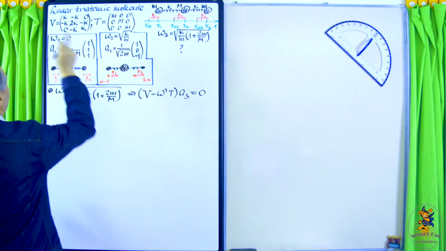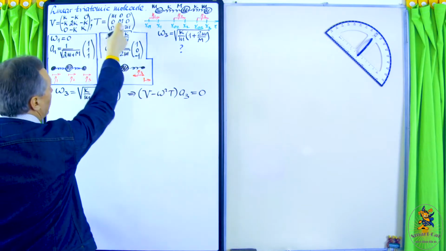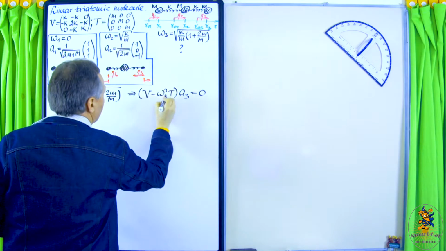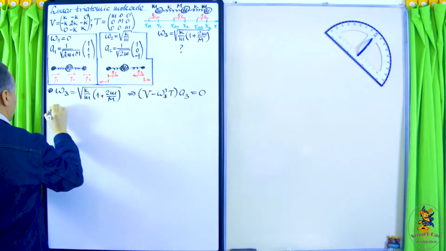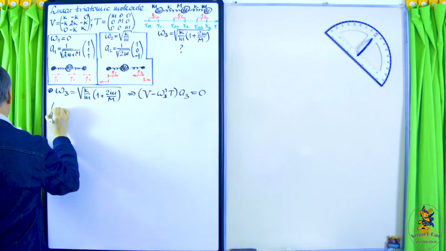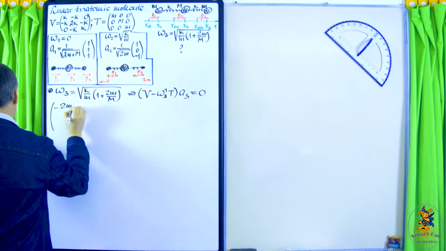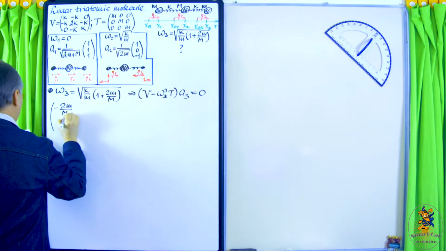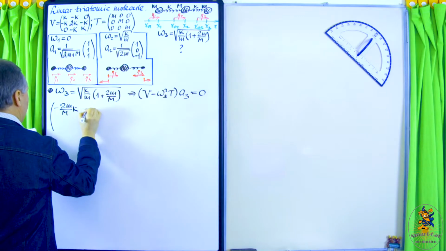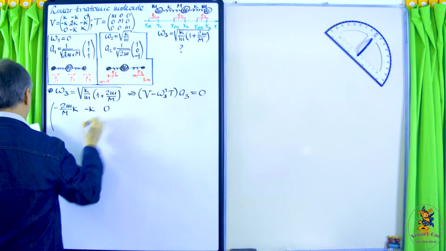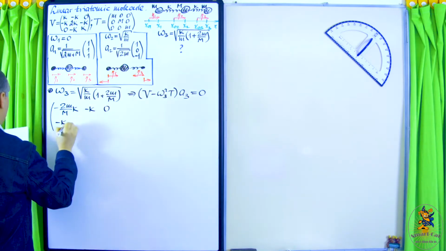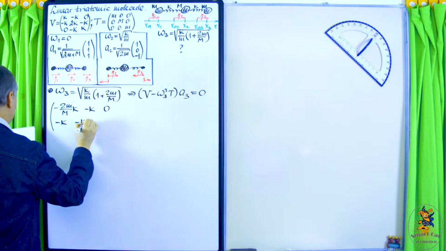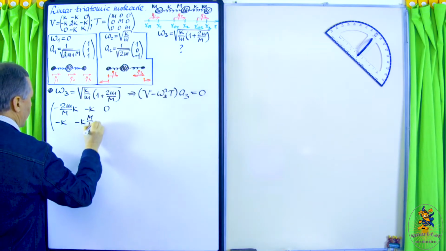When you subtract V minus omega squared T, actually here I should put subscript T. If you do that, you will get minus 2m small over m capital k, then minus k, 0, then minus k, m capital over m small.